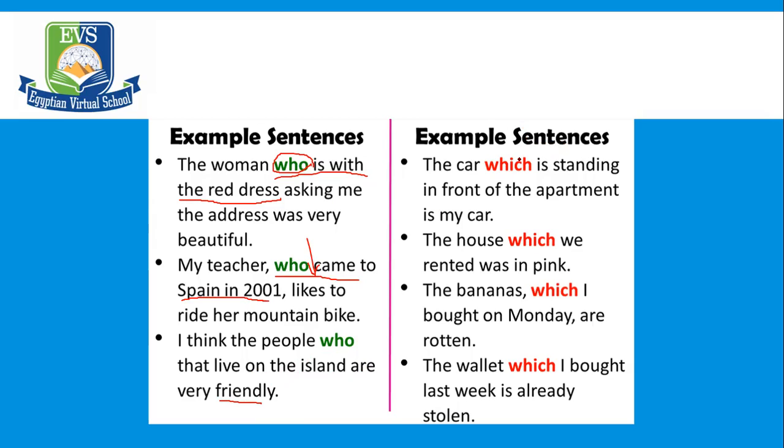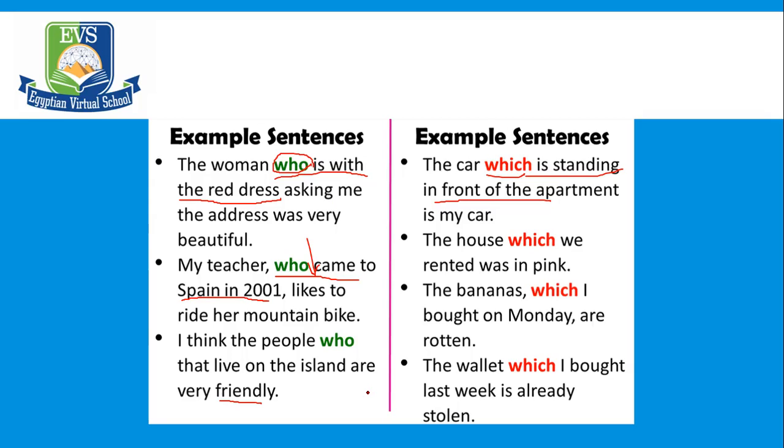Same here with the examples using which. The car which is standing in front of the apartment is my car, the relative pronoun and the relative clause. The house which we rented was in pink. The bananas which I bought on Monday are rotten. The wallet which I bought last week is already stolen.